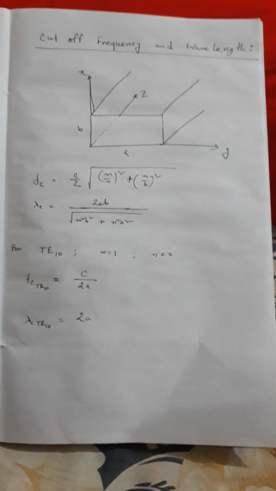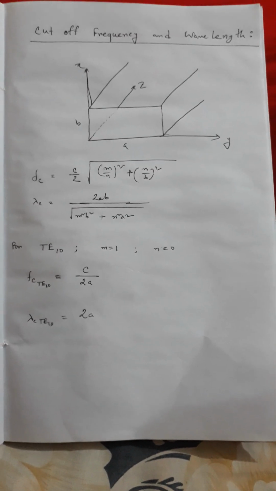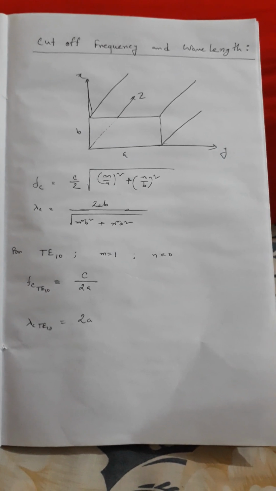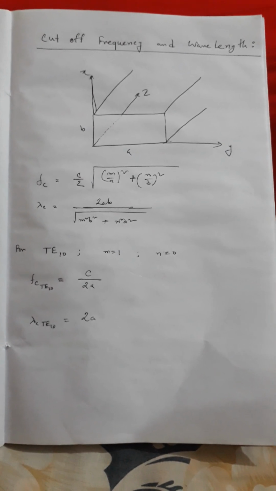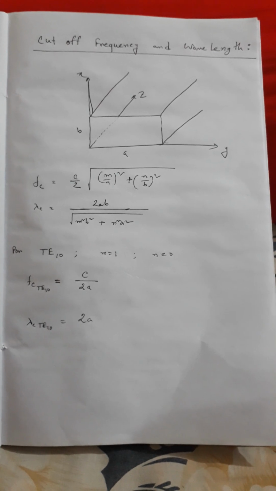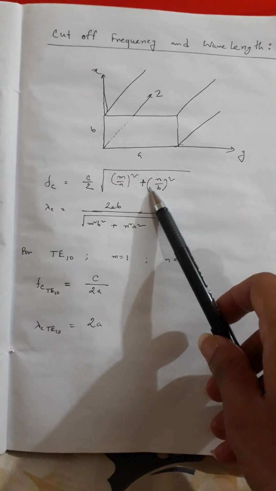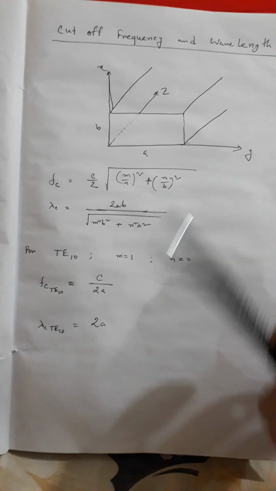Now we will learn about the cutoff frequency and wavelength of the rectangular waveguide. The cutoff frequency fc is equal to c by 2 times the square root of (m by a) whole square plus (n by b) whole square.